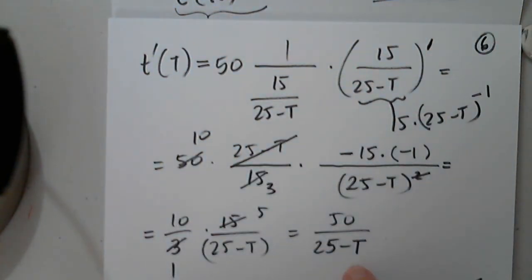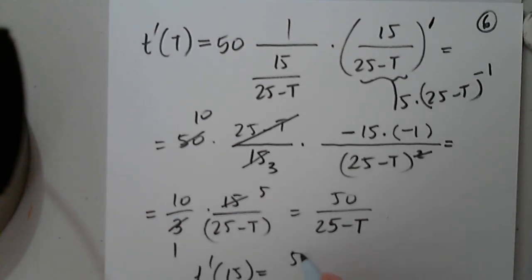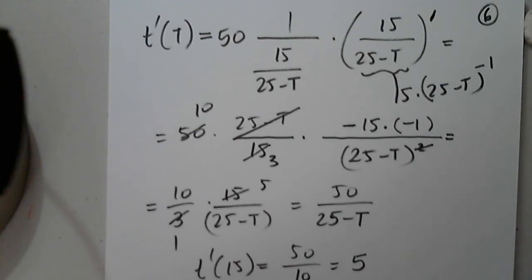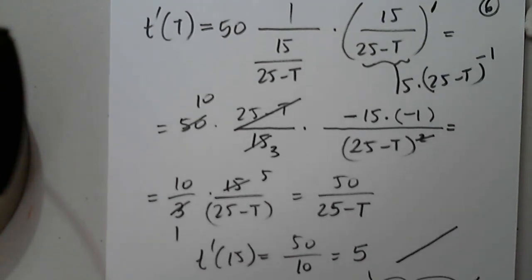And in this, I want to plug in 15. So t prime of 15 is 50 over 25 minus 15 is 10, and this is 5. But I need the measurement unit, and I know you're going to give me 2 measurement units.